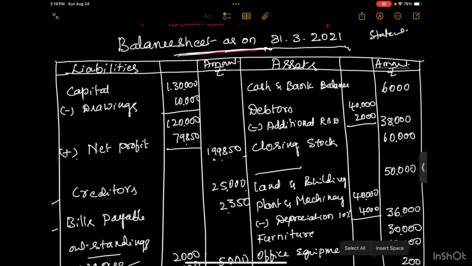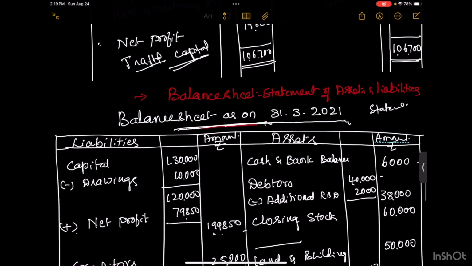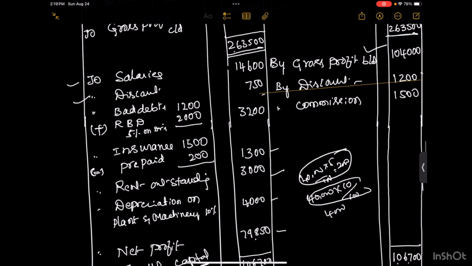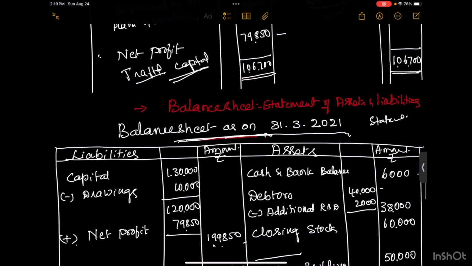So we have cash and bank balance 6,000, debtors 40,000, which is given in the trial balance, and the RBD that we have taken in the P&L account. Look here, we have the 2,000 right now. This 2,000 is to be taken here, as additional bad debts out of debtors.